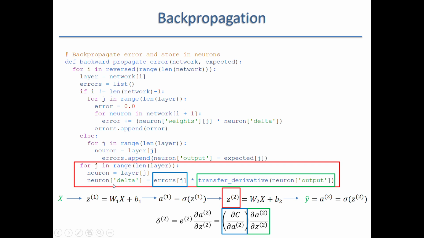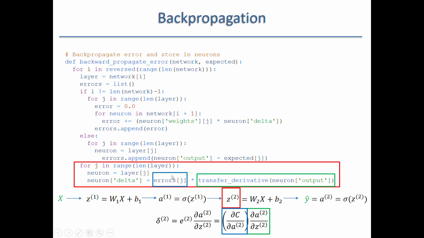So the delta for the last layer will be, we point to the layer, this neuron, and then the delta will be this vector times this one. It is this vector that we have called errors.